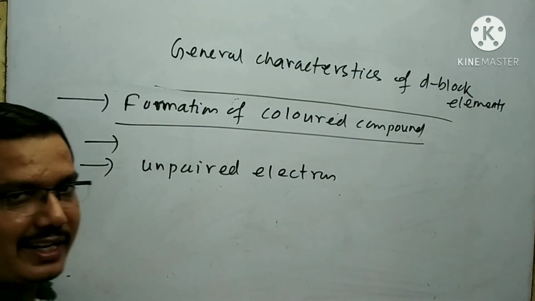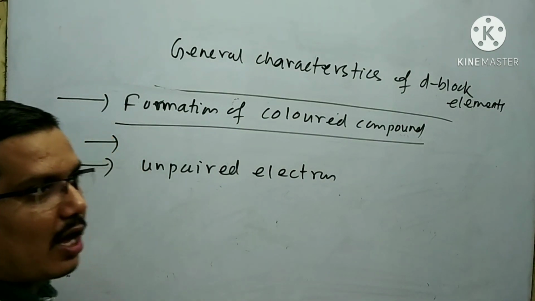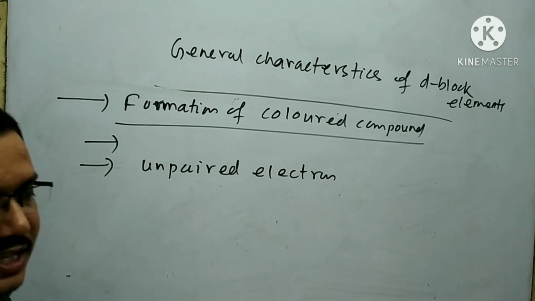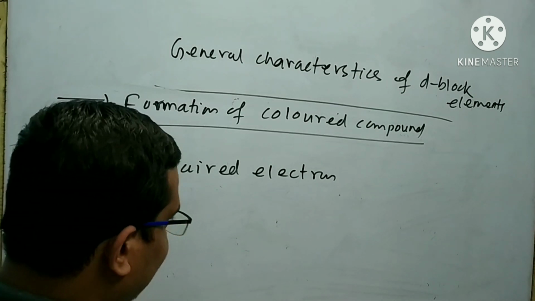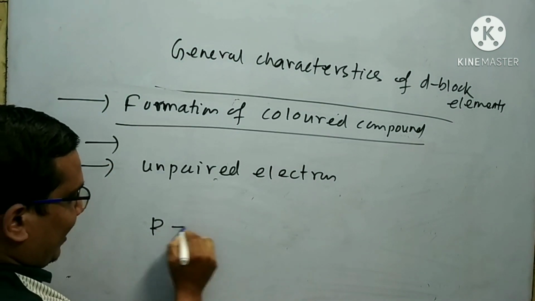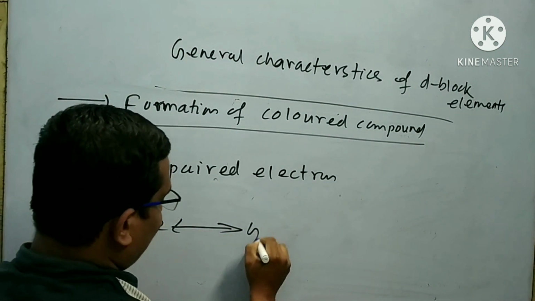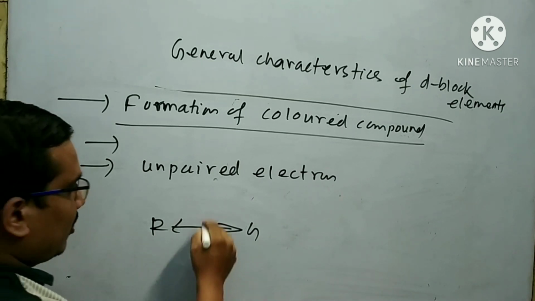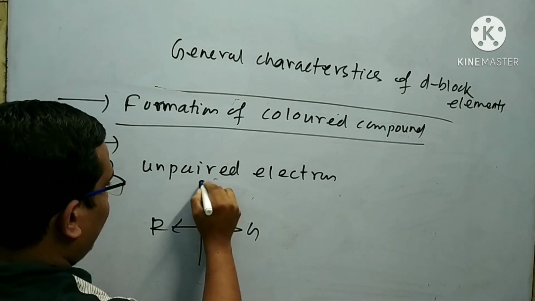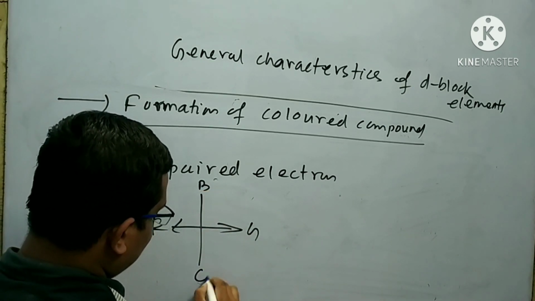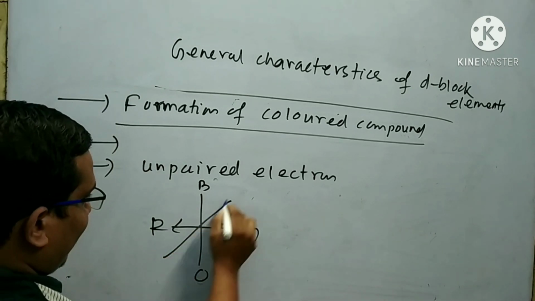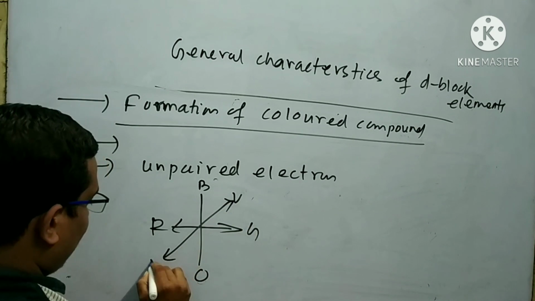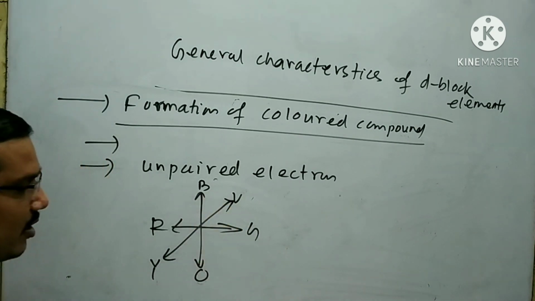Due to d-d electronic transition, colored light is transmitted, which is complementary to the absorbed light. Red and green are complementary colors to each other. Next, blue and orange are complementary to each other. Violet and yellow are complementary to each other.